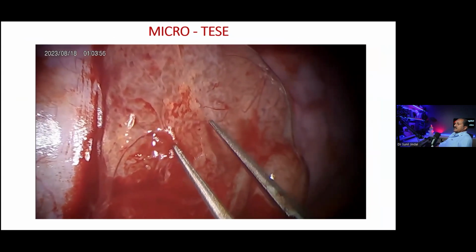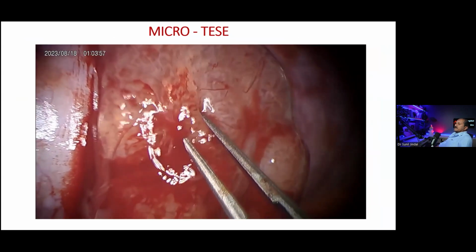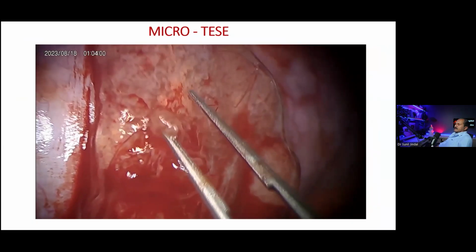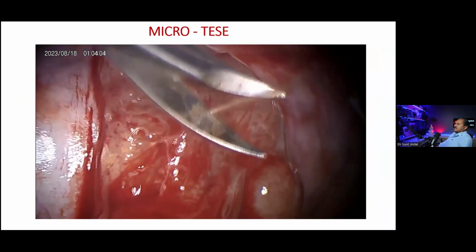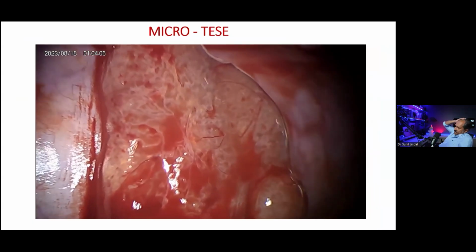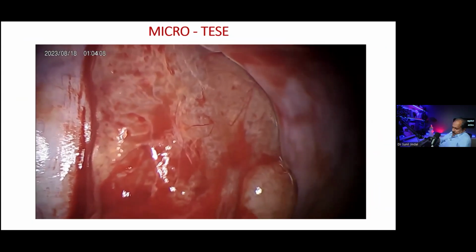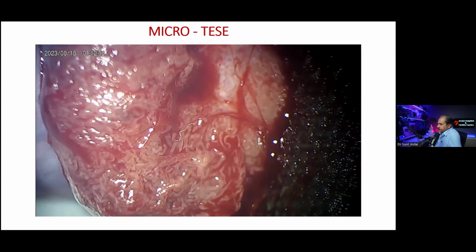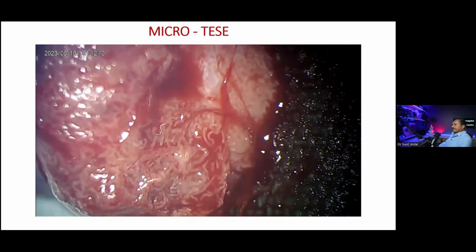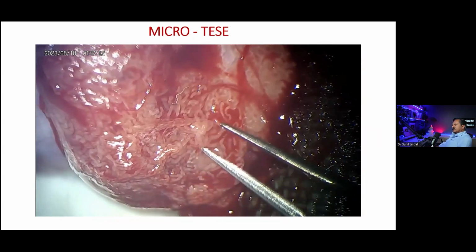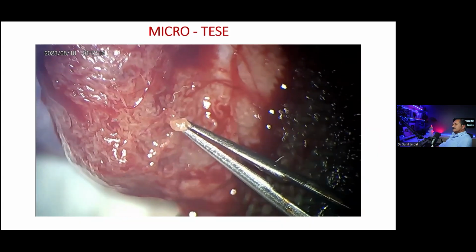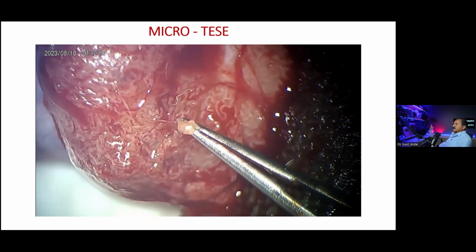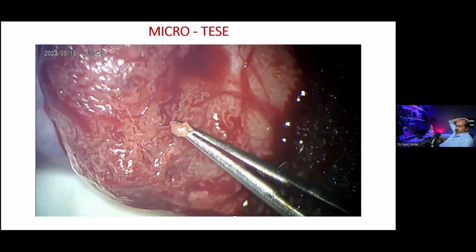Can you see this area? This one, the one above it. Yes. Now these are the tubules which could be having sperm. I'm showing you a differentiating area, the way it appears to be. If you see over here, these are thicker tubules, and below that, they're very thin tubules. So these are the kind of tubules which are going to have sperm.